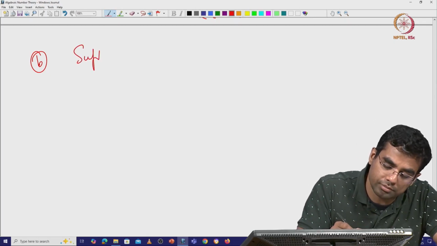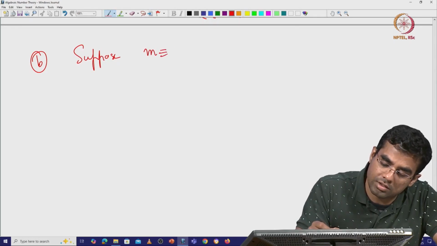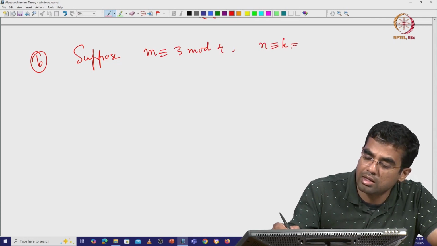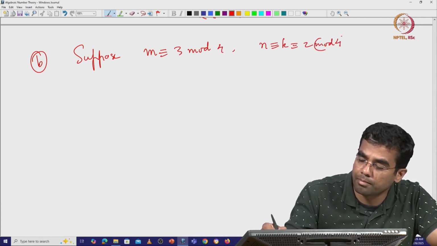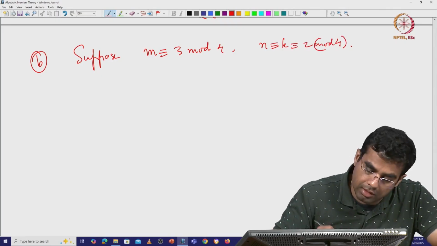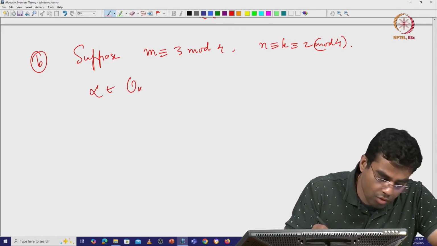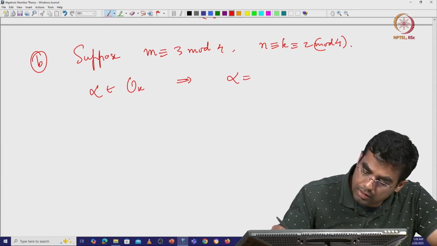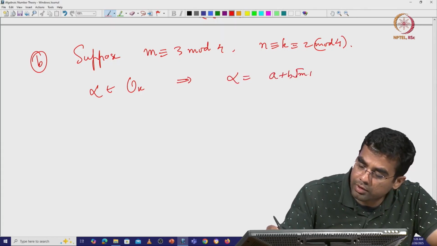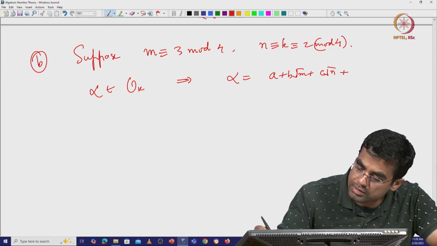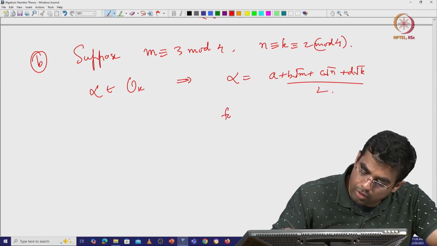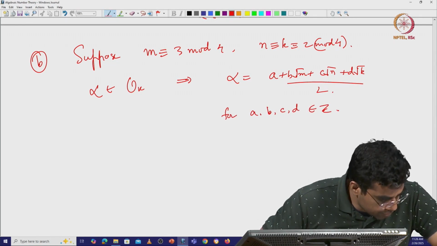So, suppose m is 3 mod 4 and n and k are both 2 mod 4. Then alpha belongs to O_K implies that alpha is (a plus b square root of m plus c square root of n plus d square root of k) by 2 for a, b, c, d in Z.